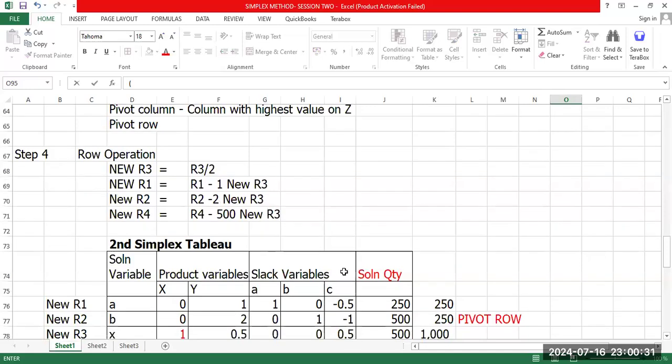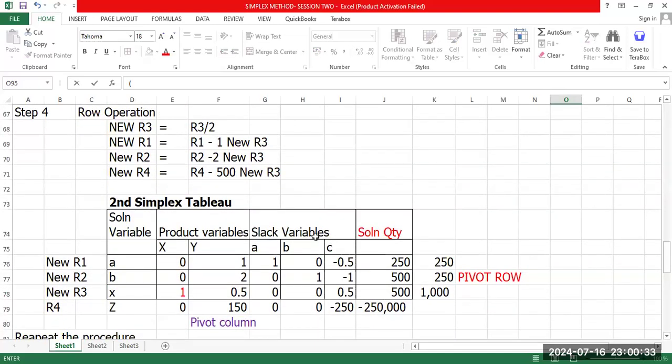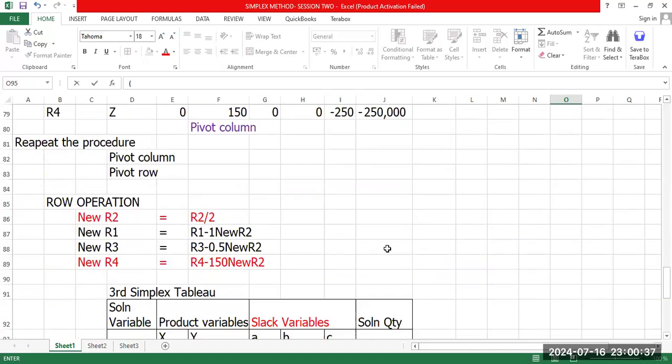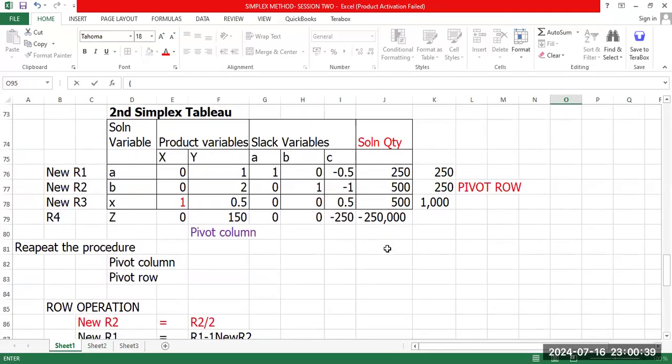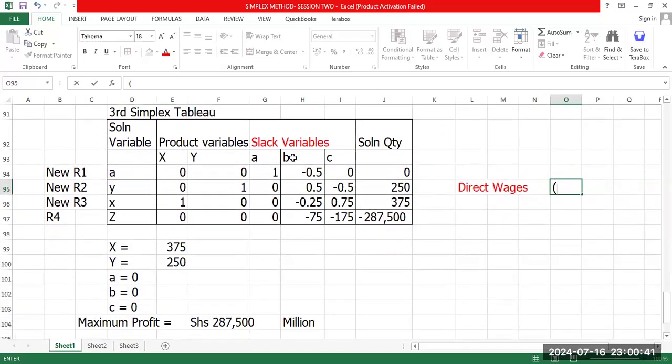So as we stand here, we choose the slack variable corresponding to direct wages, and this is the column for B.